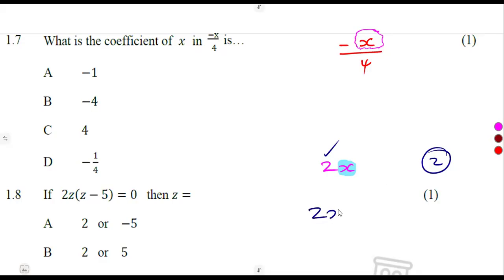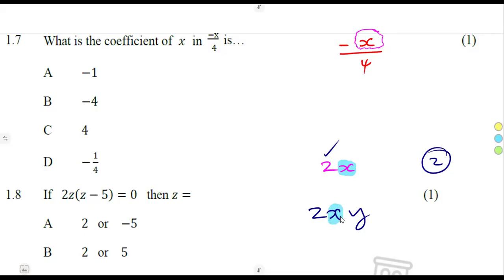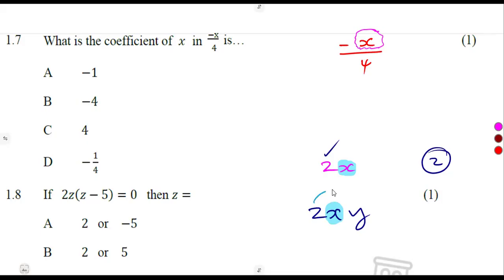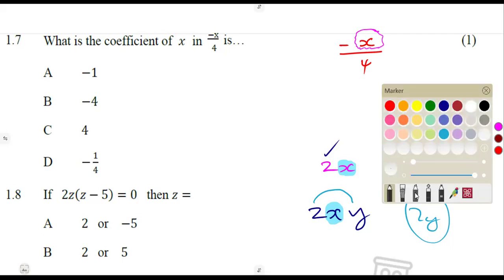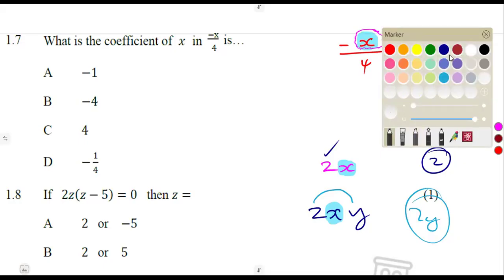So if it is 2xy like this, if we cover that x, what is the coefficient of x? The coefficient of x becomes 2y. What surrounds x? It's 2 and y. So it becomes 2y. That's the coefficient. What about this fraction of minus x over 4? If we cover our x here, what is left surrounding that x?